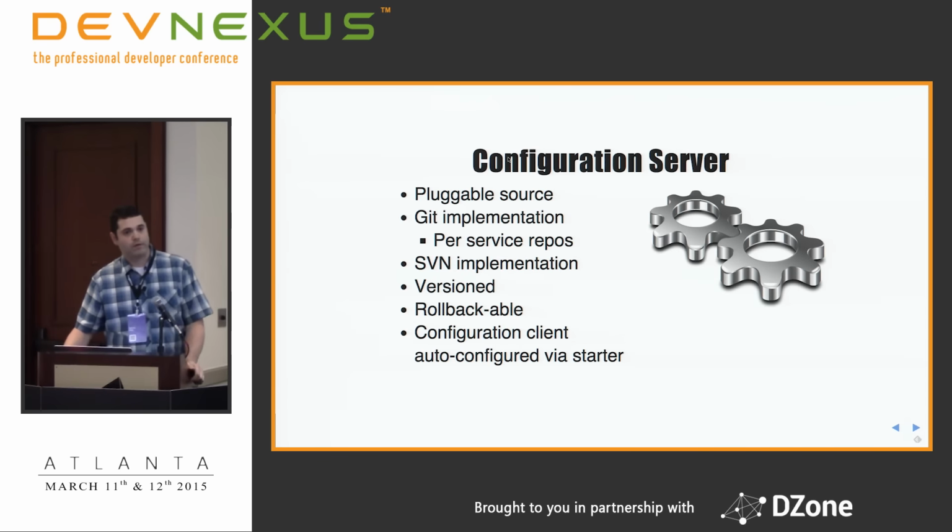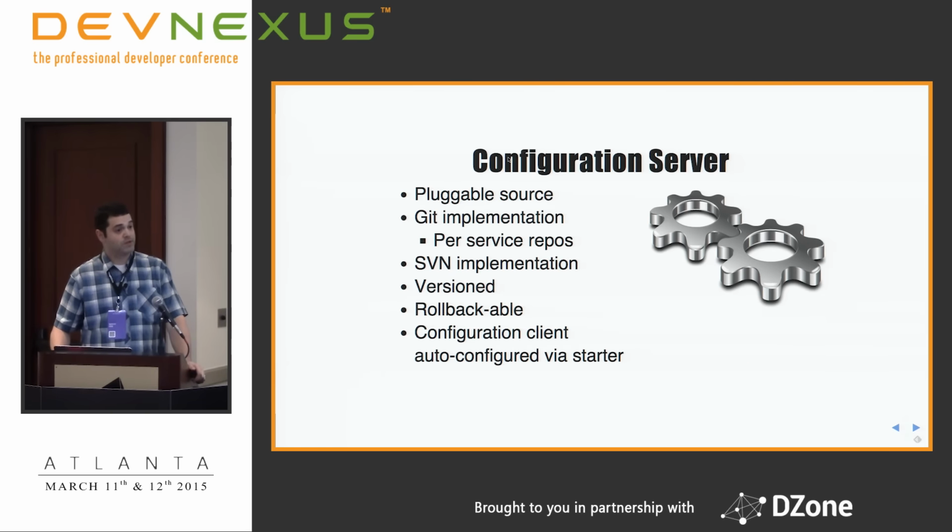So by default, well, there's a couple levels of security, right? One is to Git. So, however you lock down Git, the config server would need those credentials, right? So, username and password, SSH keys, that's all configurable.